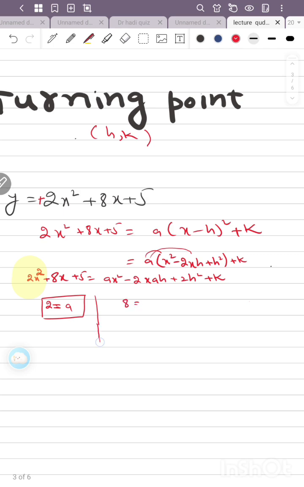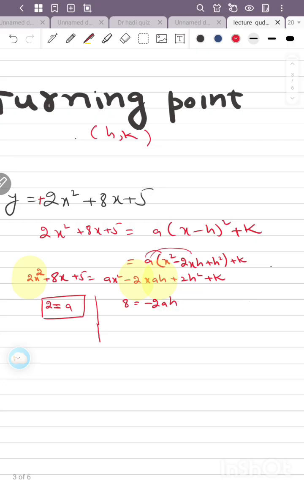And on the right hand side, what is the coefficient of x? It is minus 2ah.